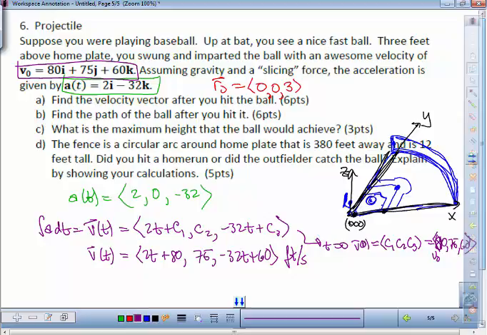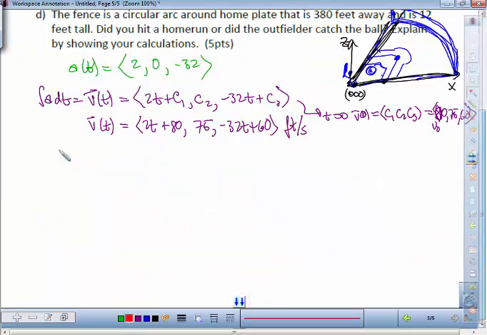Let's integrate again to get our position. So 2t squared over 2 is just going to be t squared. We got 80t plus a constant.